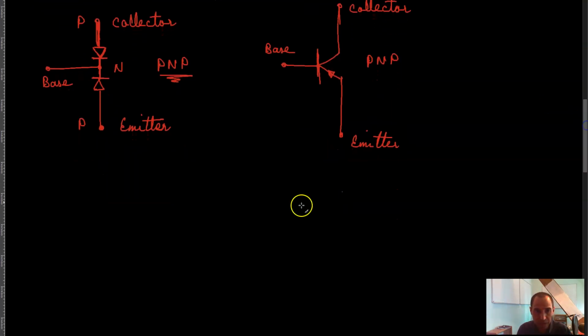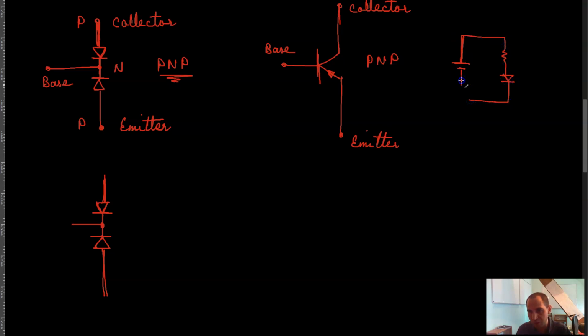A forward biased diode would be positive through a resistor to the anode, and then the cathode is connected to negative.